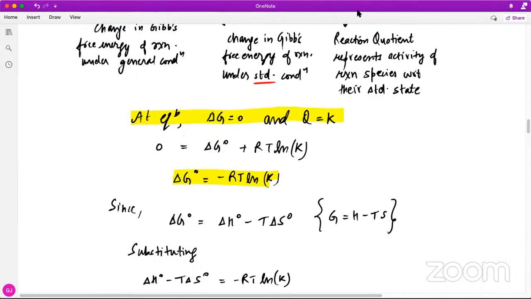यहाँ तक का क्लियर है? Yes, sir. ठीक है, लिखो इतना.